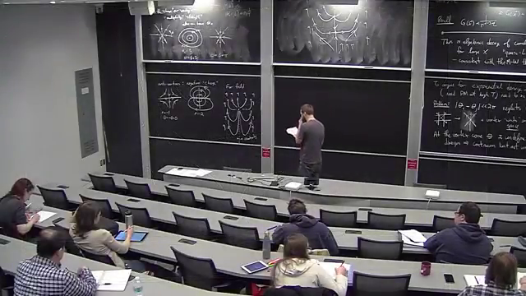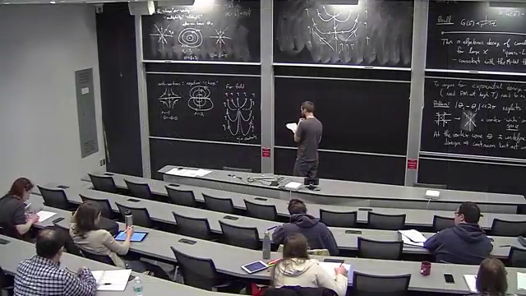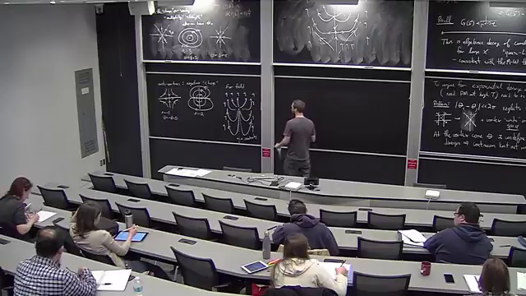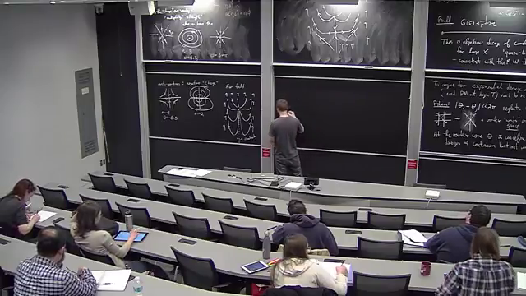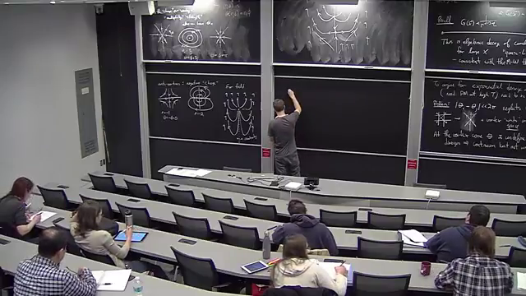Okay, so let's try to figure out this n. So if we have a winding number n, what we're doing is integrating. Yeah, so this will make more sense now.